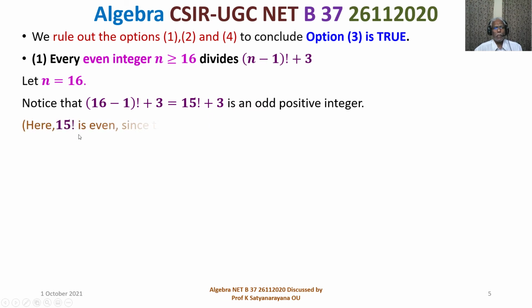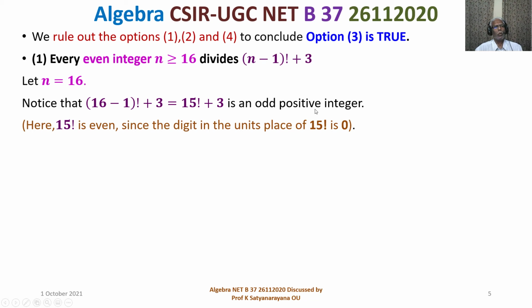Why? Because 15 factorial is even, and in 15 factorial the units place is 0, so 15 factorial plus 3 will be an odd positive integer. So therefore 16 cannot divide an odd positive integer.